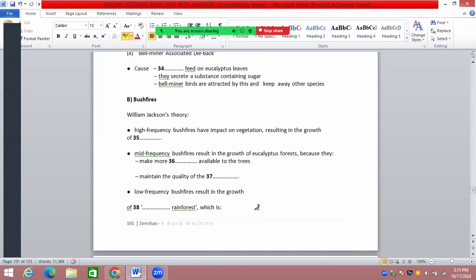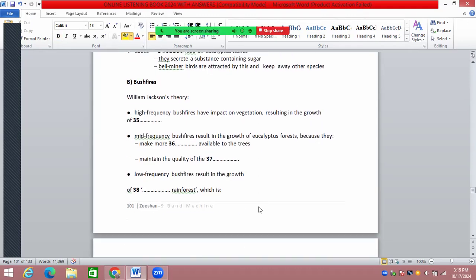But experts say that trees can start looking sick before any sign of bell miner-associated dieback. So it looks as if the problem might have another explanation. One possibility is that it's to do with the huge bushfires that we have in Australia.